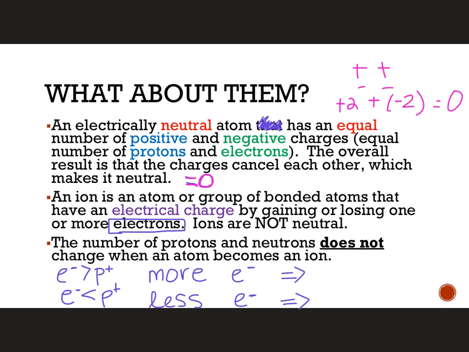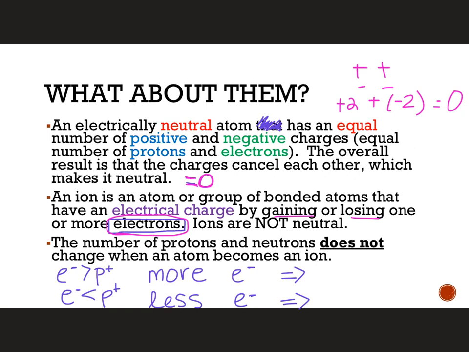When you have an ion, that means that we're gaining or losing 1 or more electrons. Notice, it has nothing to do with the protons changing. The only thing that changes in your elements is the number of electrons. Those are sitting on the outside of that nucleus.